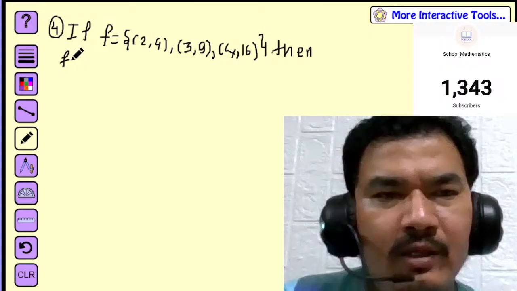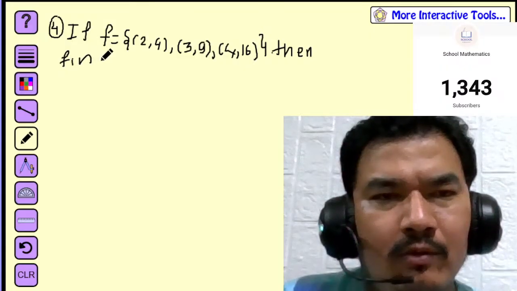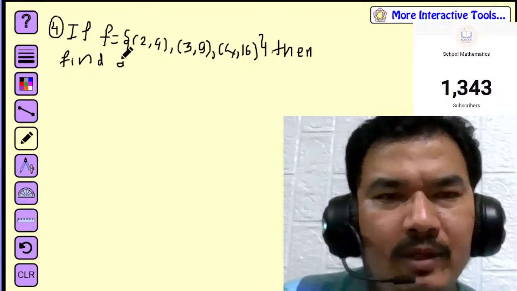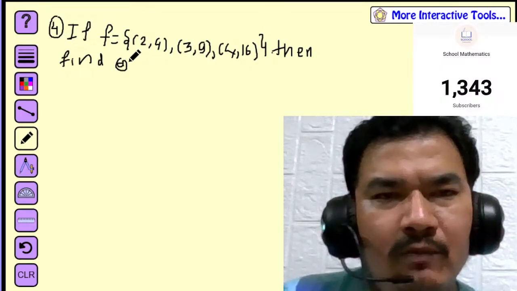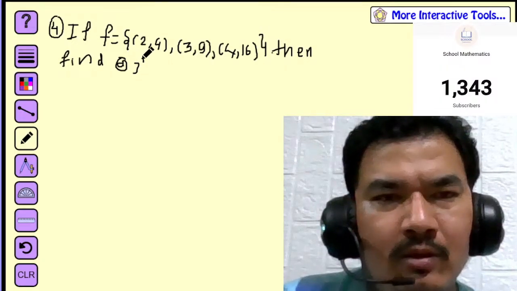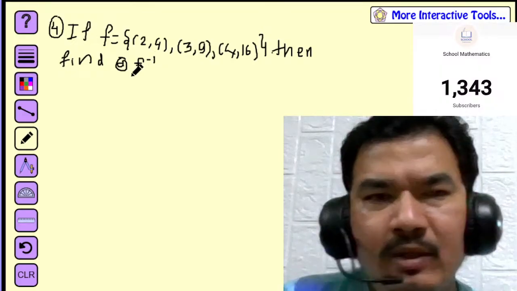In this case, if it is asked, find number A, the inverse, that means f inverse, with power minus 1. Find f inverse.